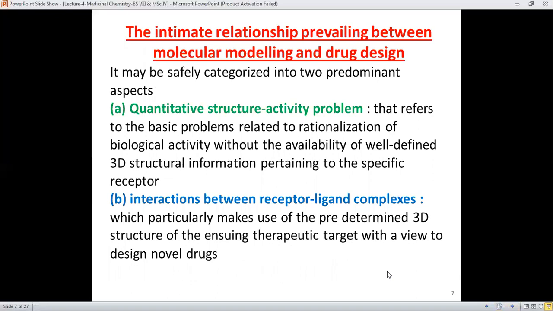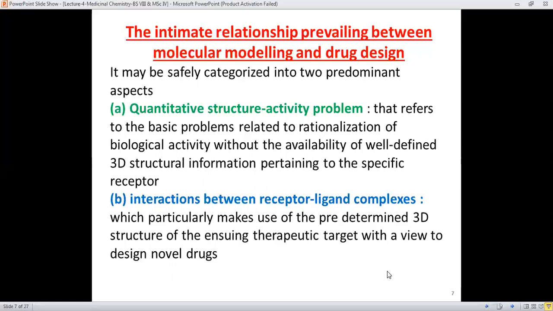Next is the intimate relationship prevailing between molecular modeling and drug design. There is a very important relationship between these two, because if we have not formulated a proper drug design, and have not gone through the molecular modeling procedure, then all our energies and chemicals will go to waste.